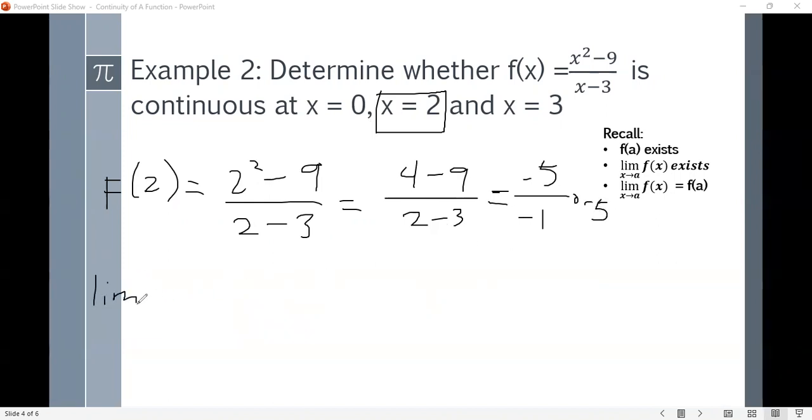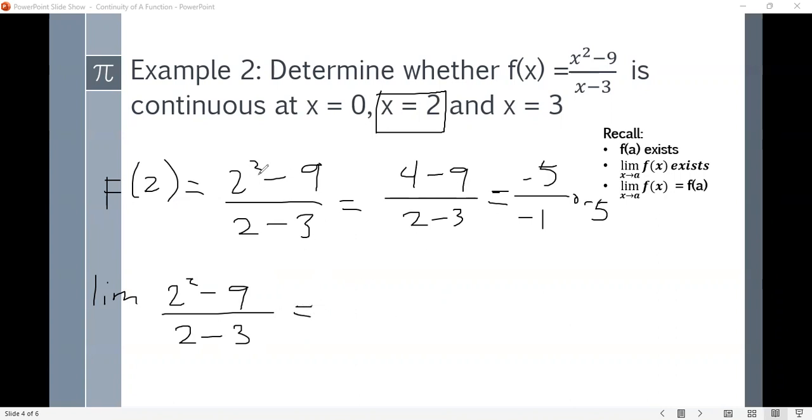Next, the limit of 2 squared minus 9 over 2 minus 3. Again, ang ginagamit ko po sa pangalawang condition ay direct substitution kasi nag-evaluate lang po tayo ng limit. So, 2 squared minus 9 is equals to same pa rin ng process.